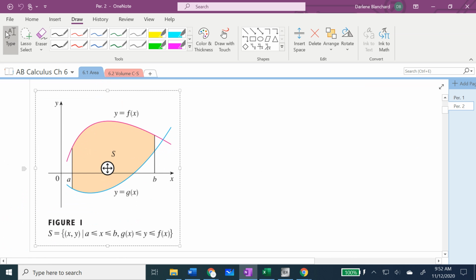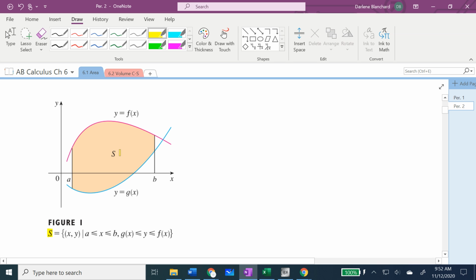So, area between two curves. And I think it's important that you learn a bit about the notation. If you look down here, this is saying region S is the set of all points, all xy coordinates, such that while x remains between a and b, y remains between g of x and f of x.